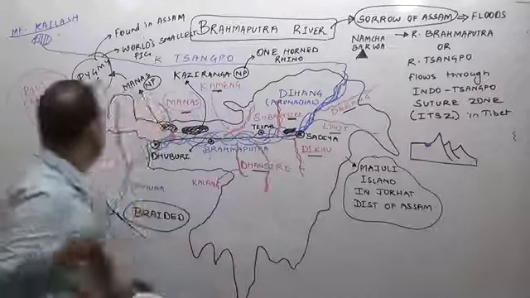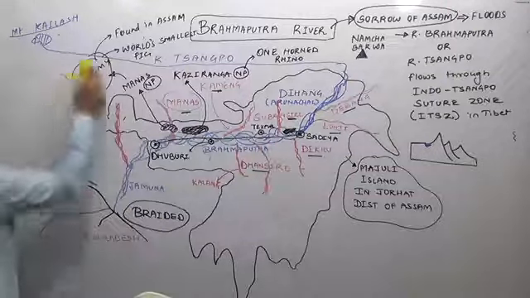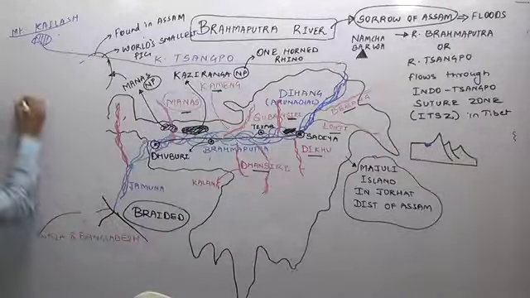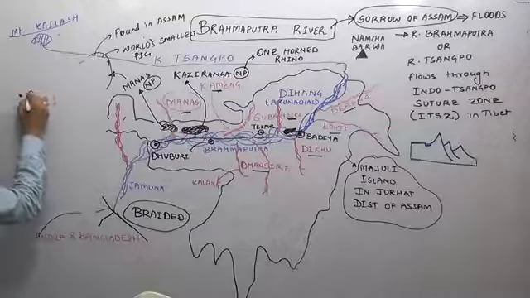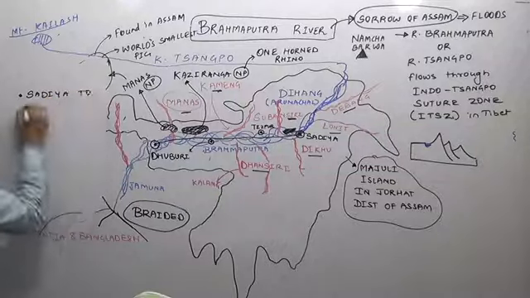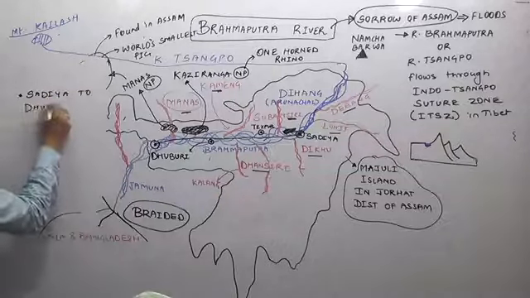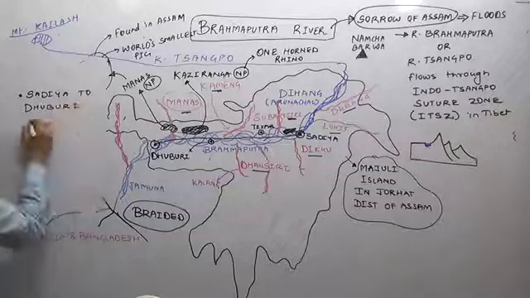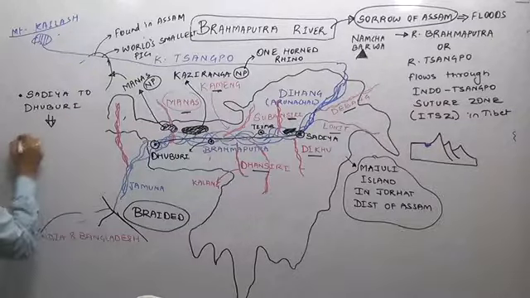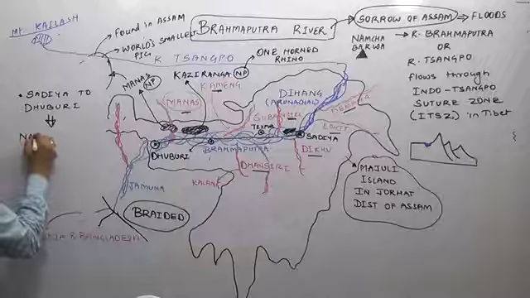So remember, on river Brahmaputra, a stretch between Sadia in Assam to Dhubri in Assam is declared as National Waterway 2.